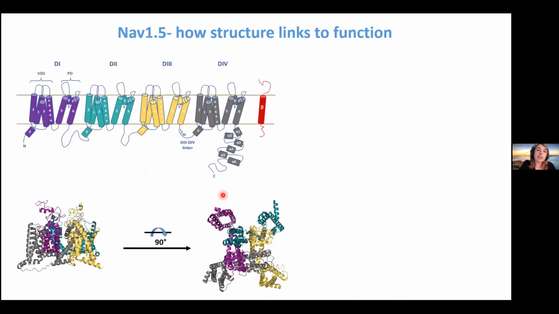So looking specifically at the NaV1.5 structure and how it relates to function, the primary structure is shown here, and it's one long single polypeptide around 250 kilodaltons. And within it, you can see it has this four-fold pseudosymmetry, creating domains 1, 2, 3, and 4, which is shown here in a 3D structure of the cryo-EM structure.